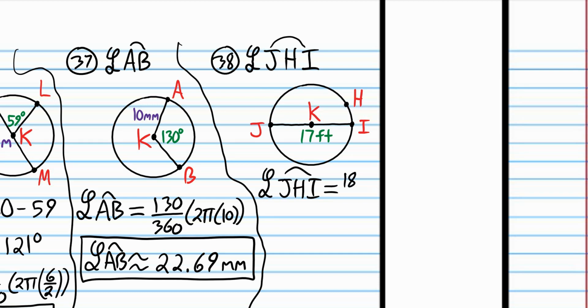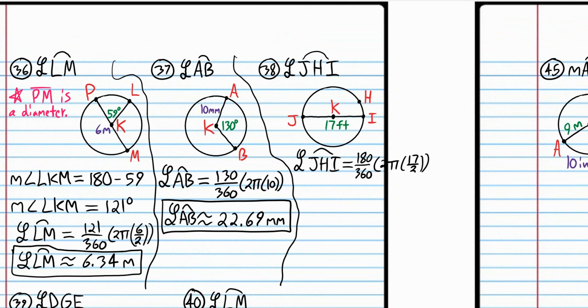So it's going to be 180 over 360 times 2 pi times the radius. Now, this is where some students may make a mistake here. The radius is not 17 feet. The radius is half of 17. If you divide that by 2, you get 8.5. So I'll just write that so you're sure where I got that, 17 over 2.